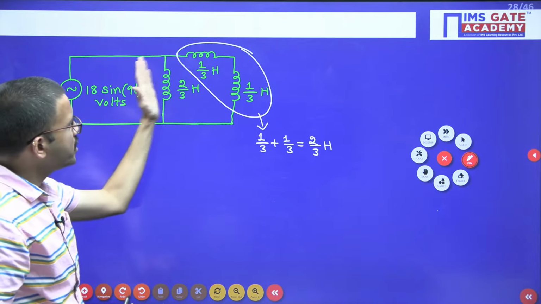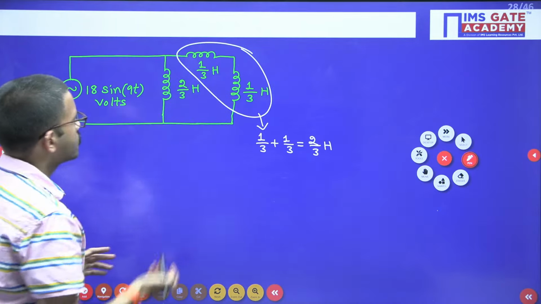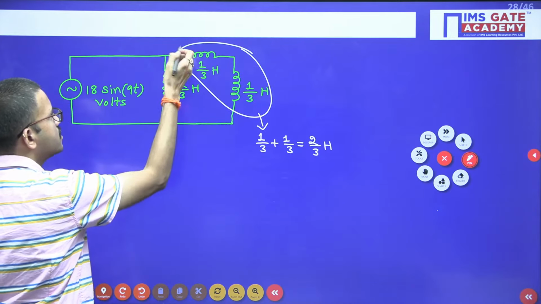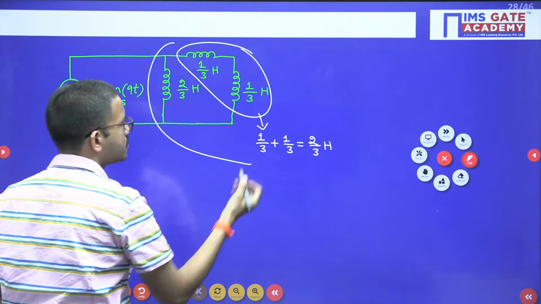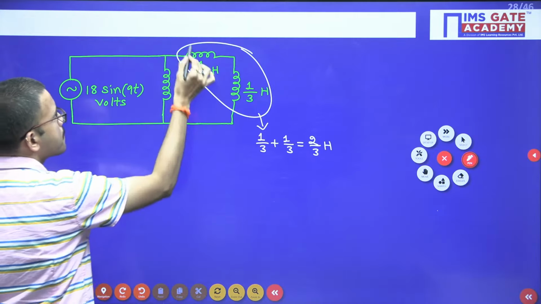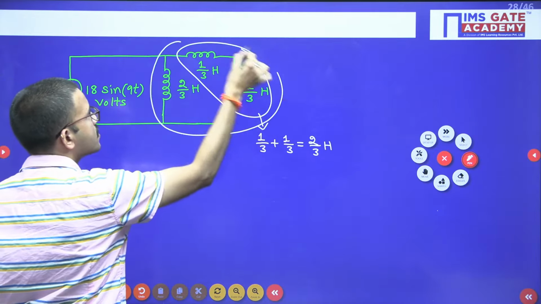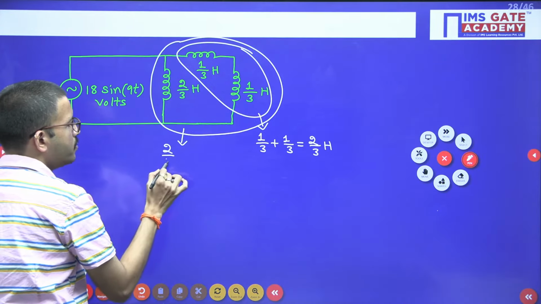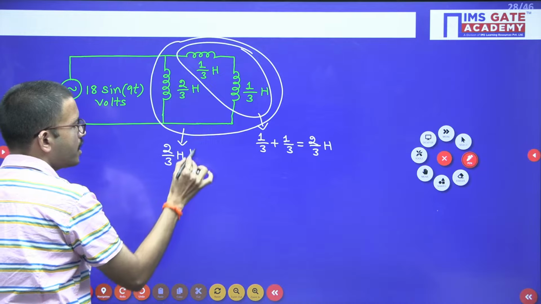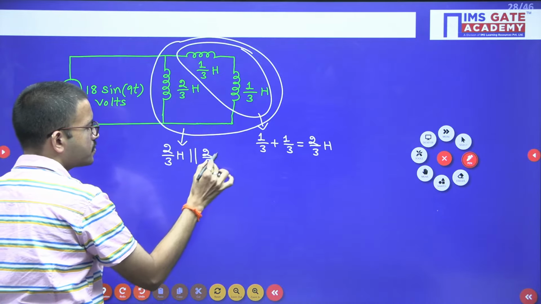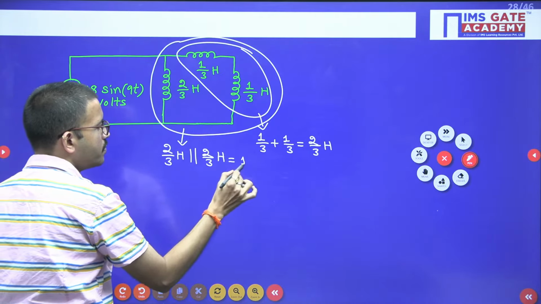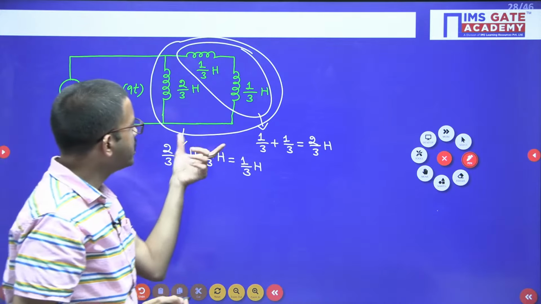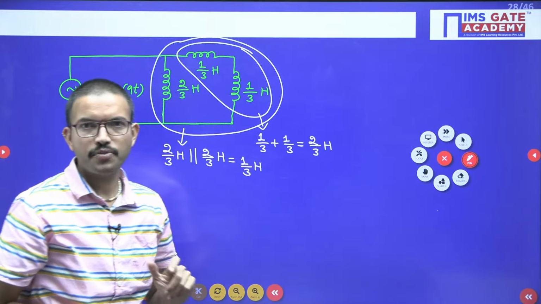Now you are getting 2 inductors in parallel, and both have the same value. So the equivalent of 2 by 3 Henry in parallel with the same inductance value is 1 by 3 Henry, because both have the same value, so the equivalent inductance is half of the earlier value, right?